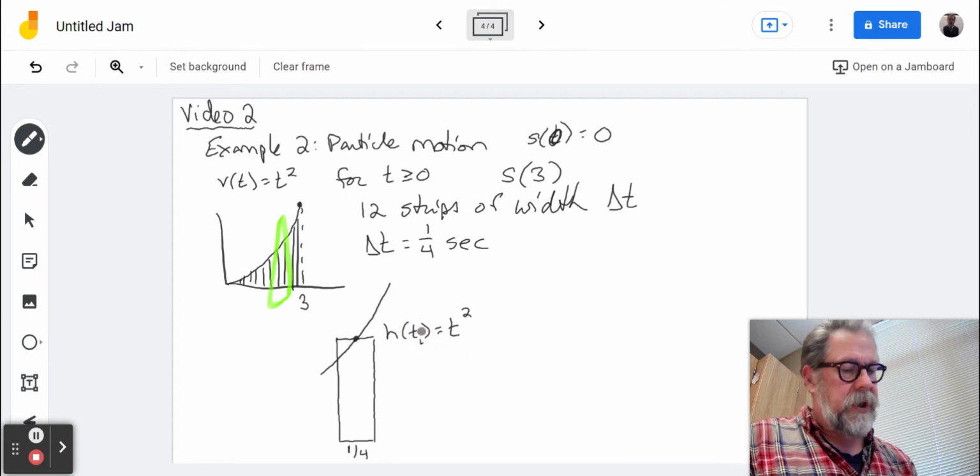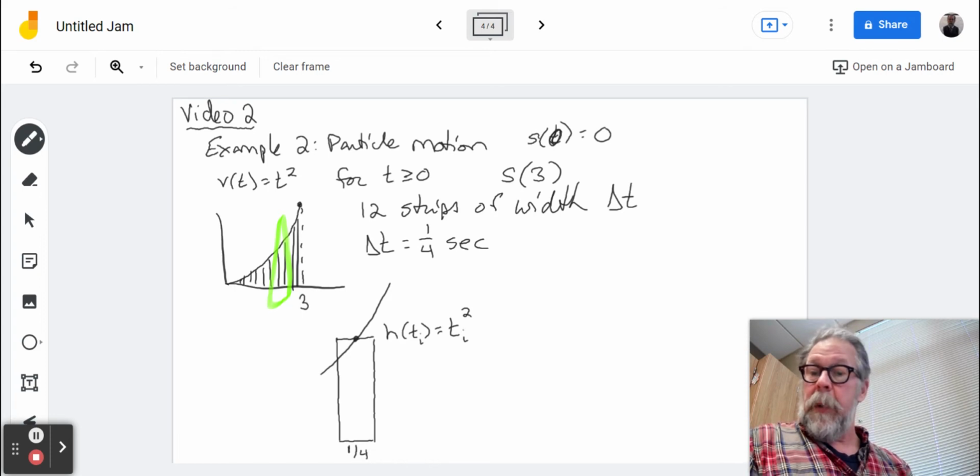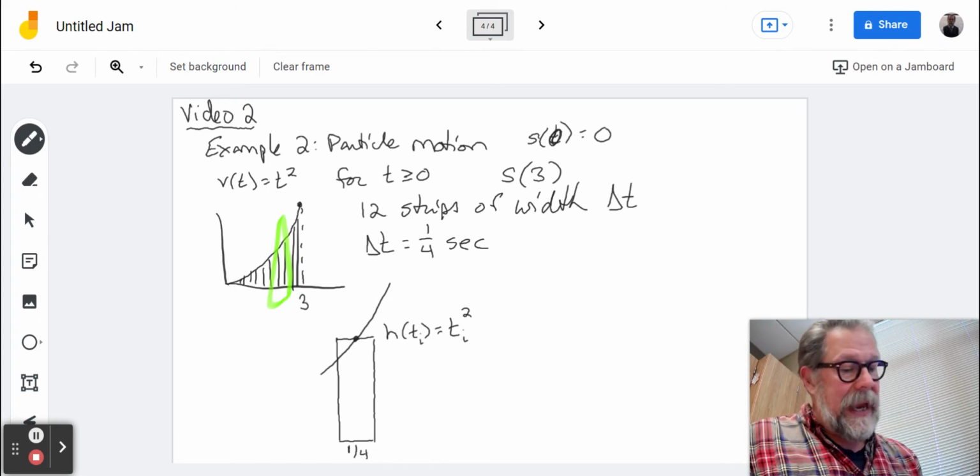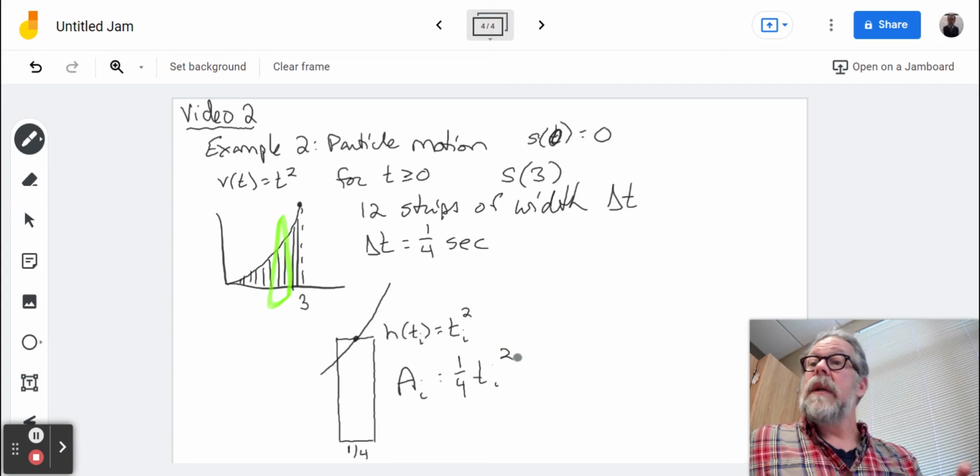So if I call this t sub I, some strip, the height of this will be t sub I squared. Well, this means that the area of my strip will be base times height.